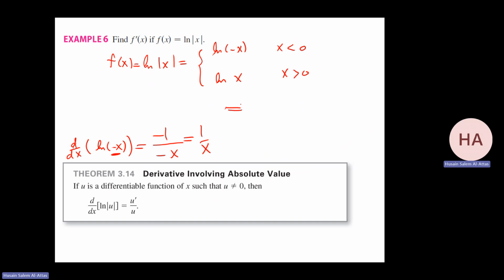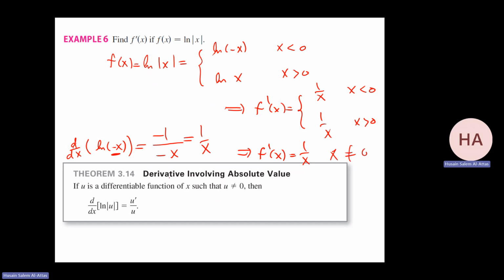So f prime of x will be 1 over x if x is negative, 1 over x if x is positive. So I can write f prime of x is the same, 1 over x, where x is not equal to 0, for sure. Actually, it will not be defined at 0.